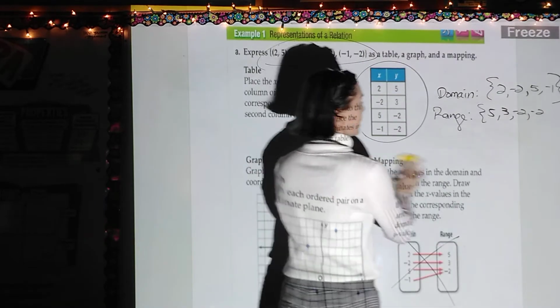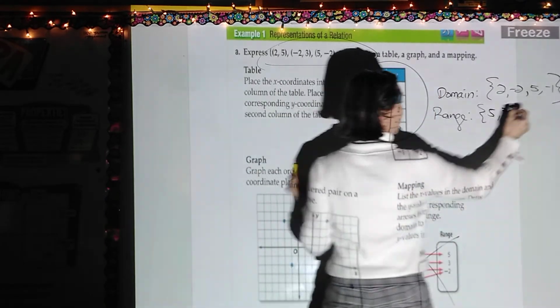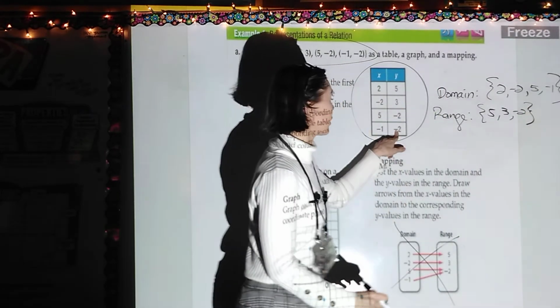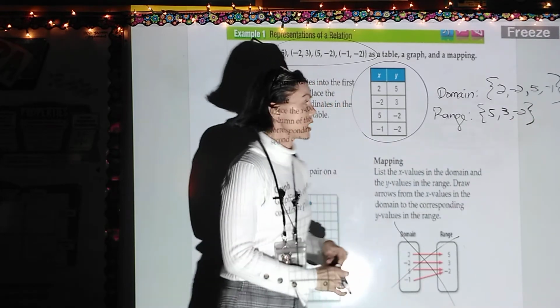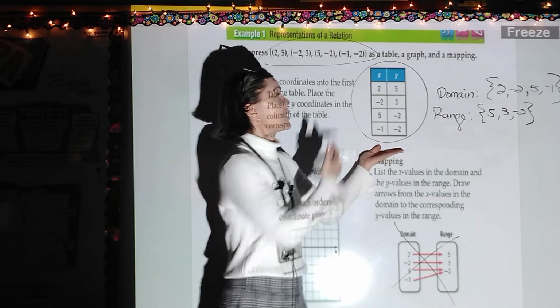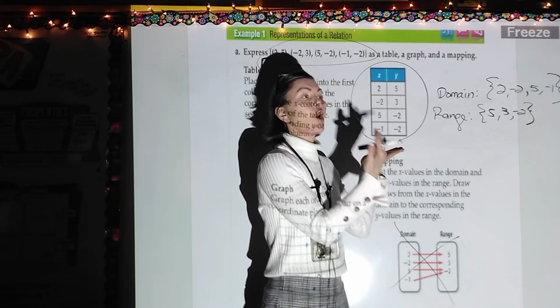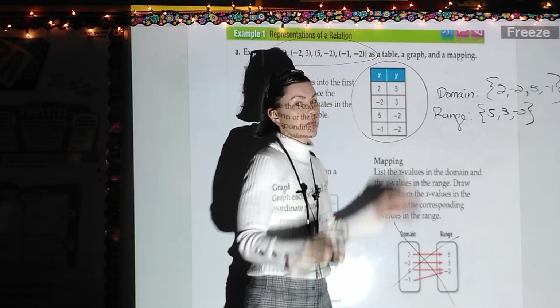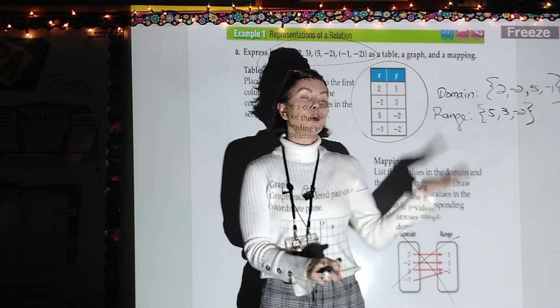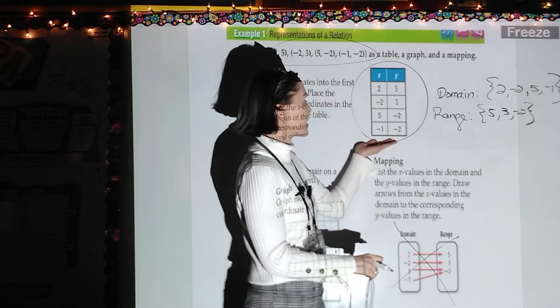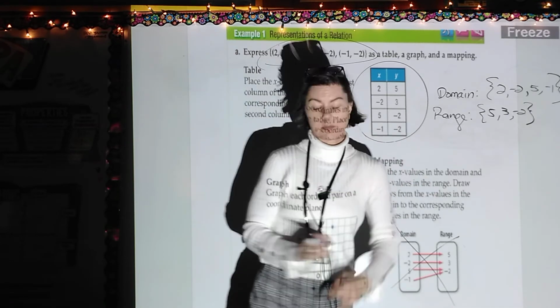You don't have to repeat -2. If you have more than one of the same number in the range, you only have to write it once. So if it said, what is the domain of this relation? You know they're talking about the x values, okay? So we're going to go on to the next video, which is determining if this relation is a function.